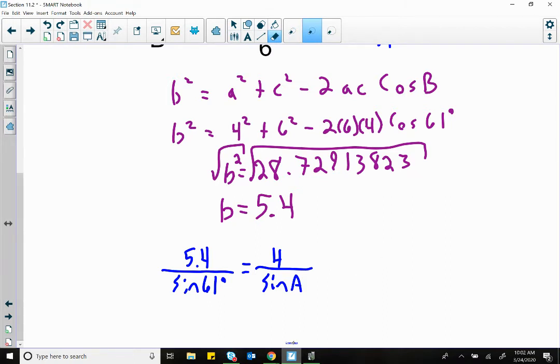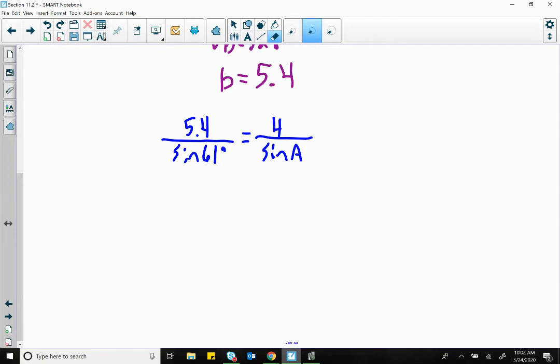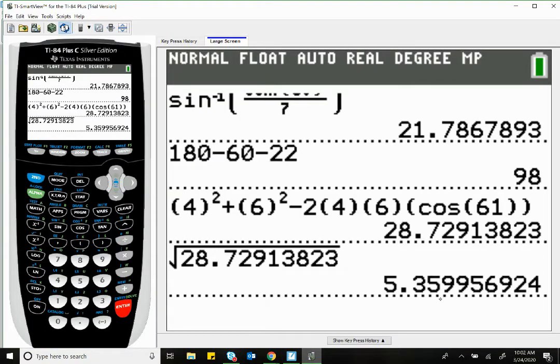Okay. I don't really like this because we're using a rounded answer here, and then we're going to be rounding again. It kind of drives me nuts. What would be even better is if we actually just use this number in that top numerator. So if for some reason in the end your answer is not correct, it's probably because of rounding.